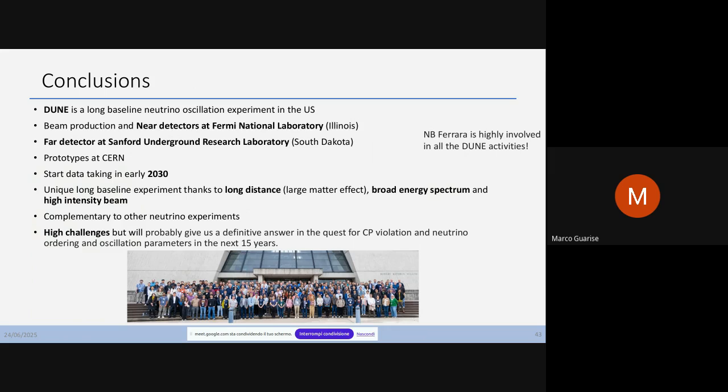So, okay, in conclusion, DUNE is a long-baseline neutrino oscillation experiment in the United States that exploits a complex of detectors near the source at FNAL and a group of detectors a kilometer underground, 1,300 kilometers from the neutrino source.